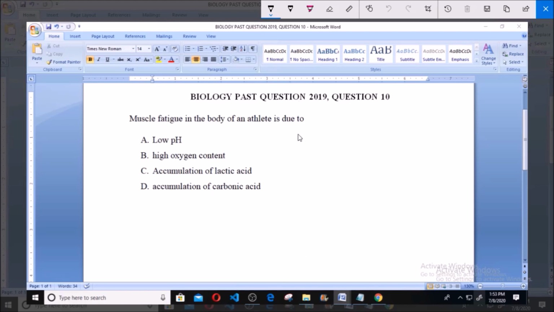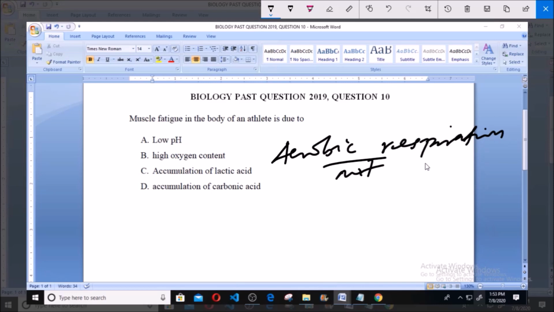During vigorous exercise, the human body is usually exercised to the point where the energy gotten from aerobic respiration is not enough. At this stage, the human body improvises by respiring anaerobically.